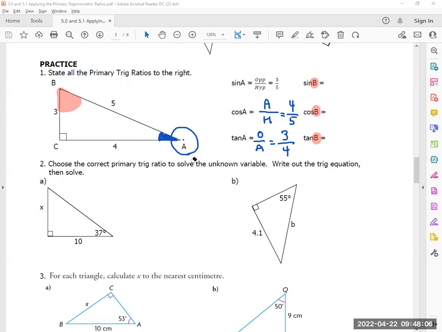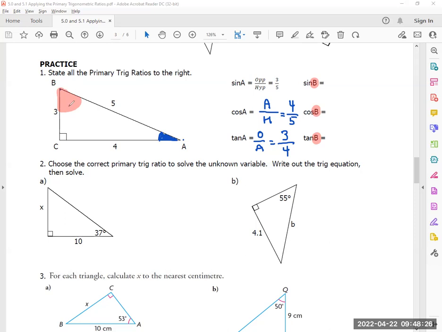I need to reset it. With respect to angle B, what is my hypotenuse? With respect to angle B, which side is my opposite? With respect to angle B, which side is my adjacent?